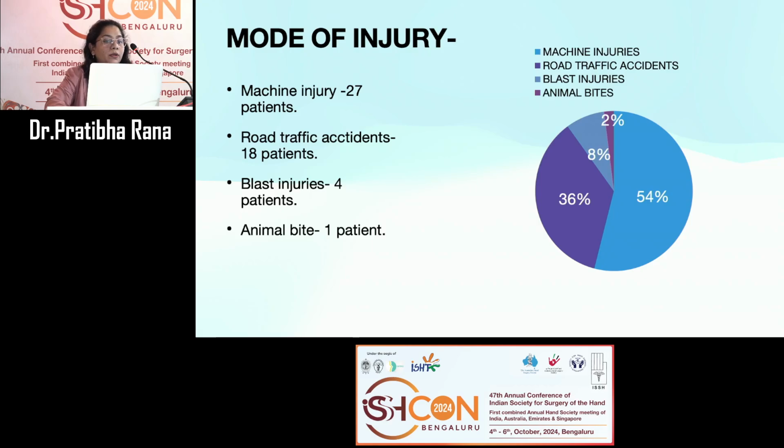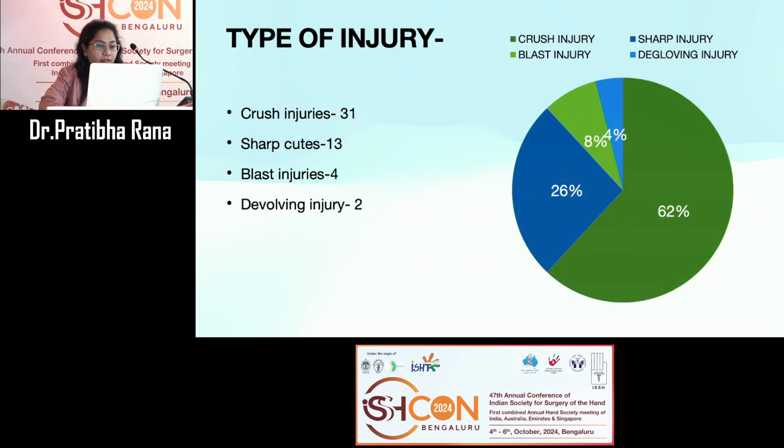The most common mode of injury in my study was mechanical injuries, that is 54%, and the second cause is road traffic accidents, that is 36%. Then blast injuries, which is 8%, and animal bite, that is 2%.